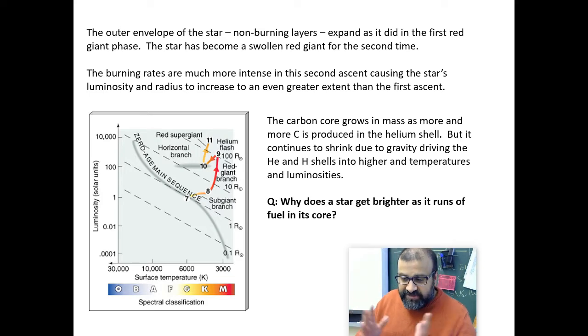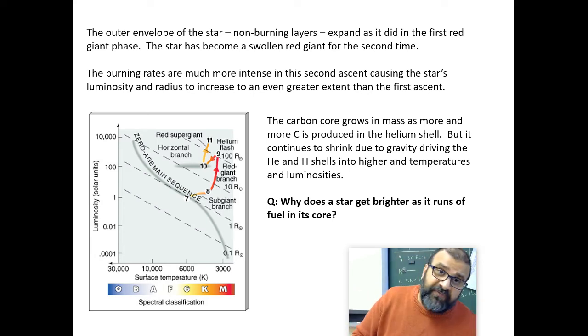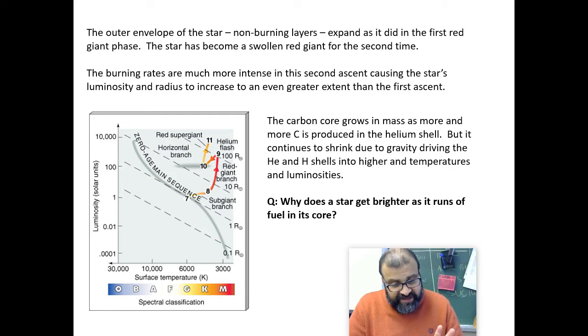There's lots of interruptions. So the carbon core collapses due to gravity, getting hotter and hotter and hotter. That heats up the hydrogen and helium shells even more, so their fusion continues at a faster rate. They're giving off more energy, and this energy takes the outer layers of the star that aren't going through nuclear fusion and blows them outwards.